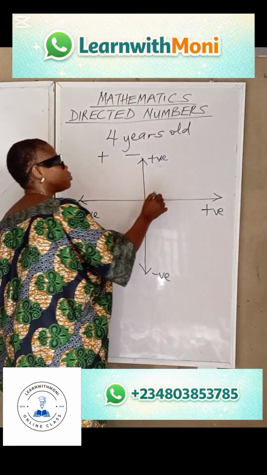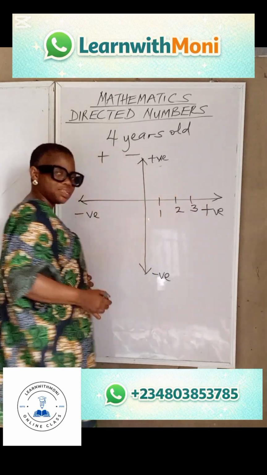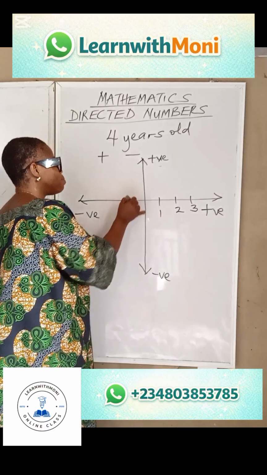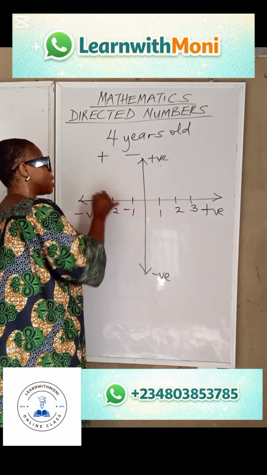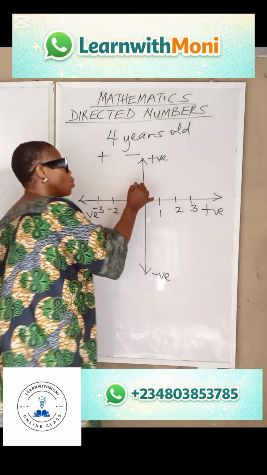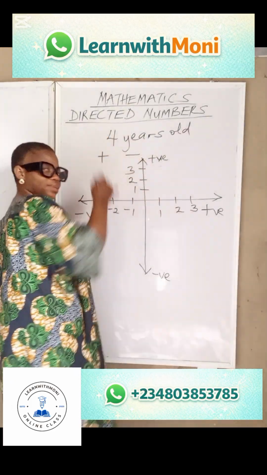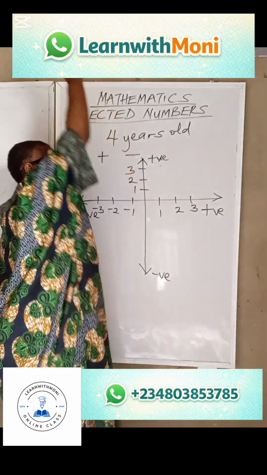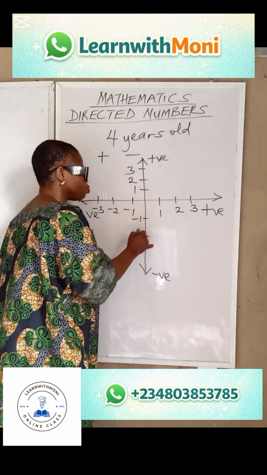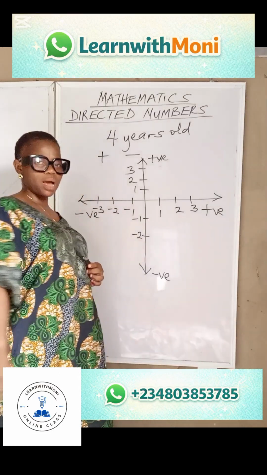Which means when I'm talking about positive 1, positive 2, positive 3, I am going towards the right. And when I say minus 1, minus 2, minus 3, I am moving to the left. When I say plus 1, plus 2, plus 3 on the vertical axis, I am moving upwards. And when I say minus 1, minus 2 on the vertical axis, it means going downwards.